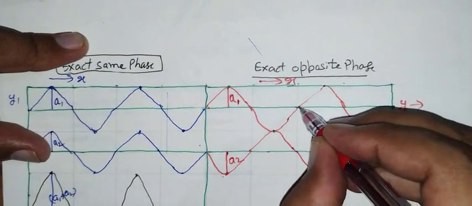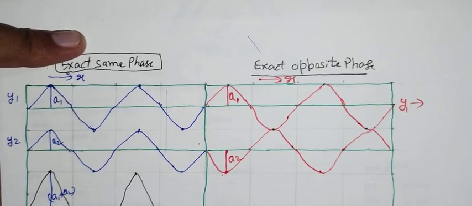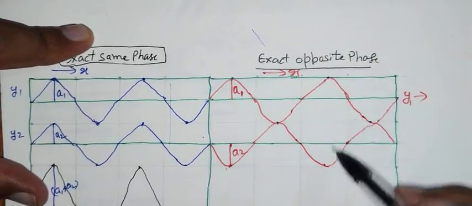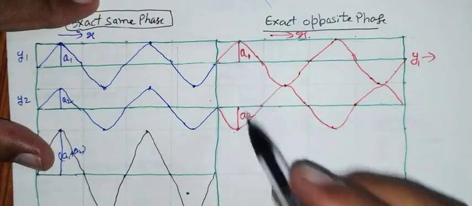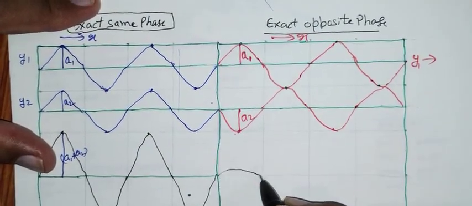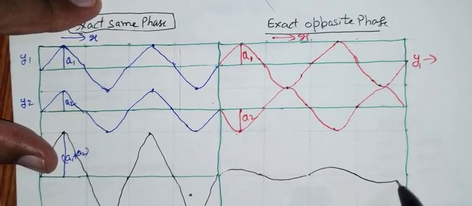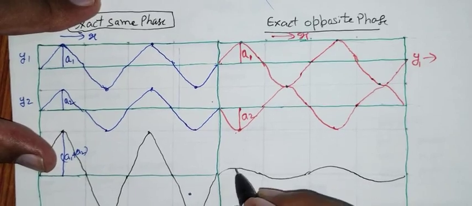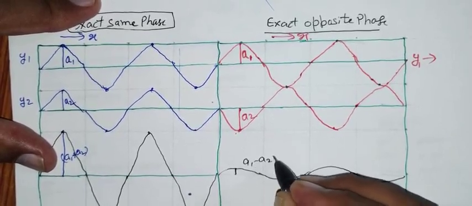If you consider the concept of Huygens principle here, when they superimpose and mix up, a new resultant wave is formed. In that condition, there is no change in frequency, but the resultant amplitude is A1 minus A2.